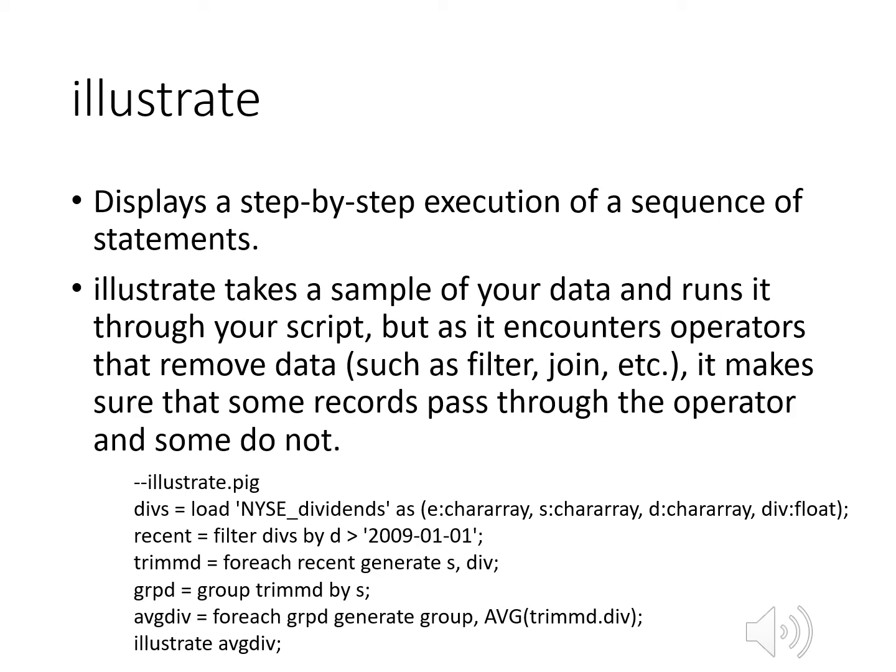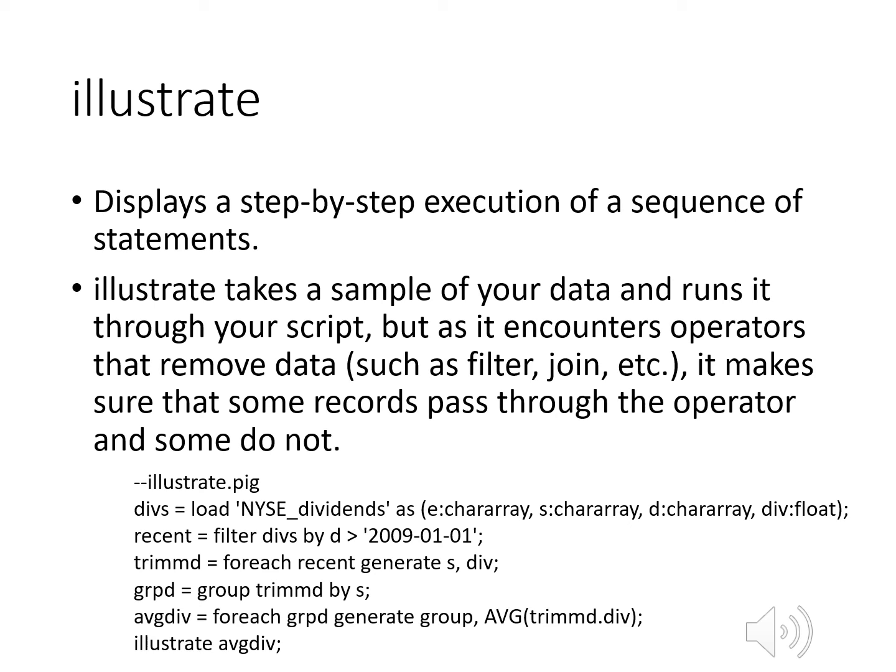For example, if our script has filter dividends by D greater than 2009 January the 1st, and every record that Illustrate sampled had a value of less than this date, Illustrate will keep at least one of these records, and it will manufacture a record with D greater than this date.